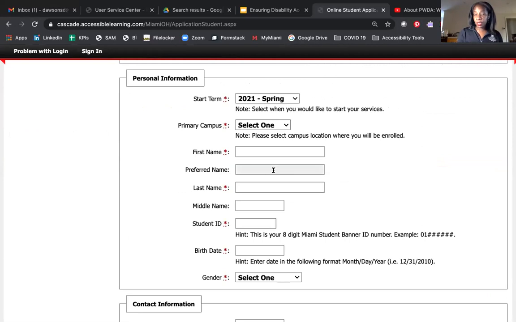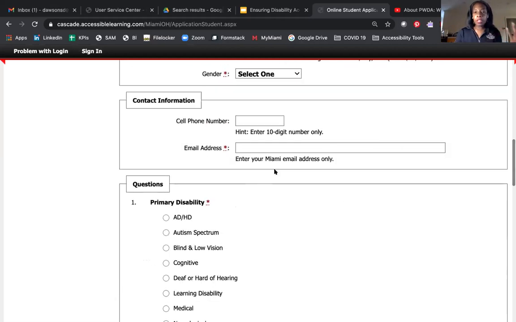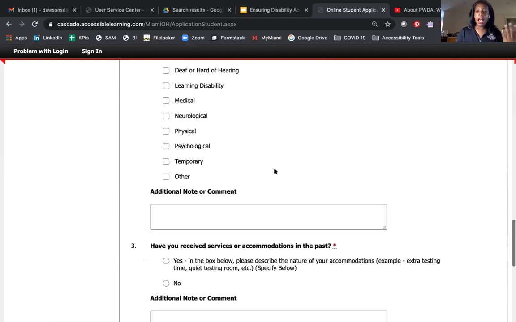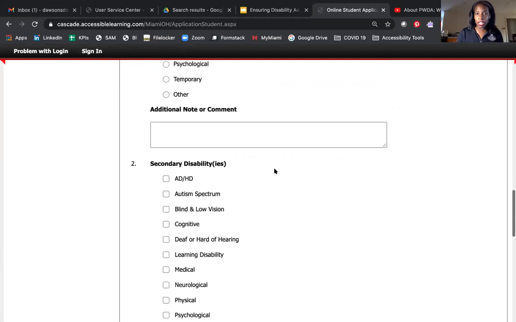While our university database, we're still working on making sure that we're using chosen names versus dead names. We have tried to build that into our system now so we can make sure we're always using chosen names. Students go in, share their demographic information, disability information, and then they have the option, of course, to upload verifying documentation.